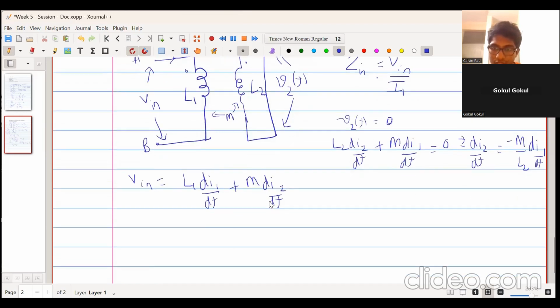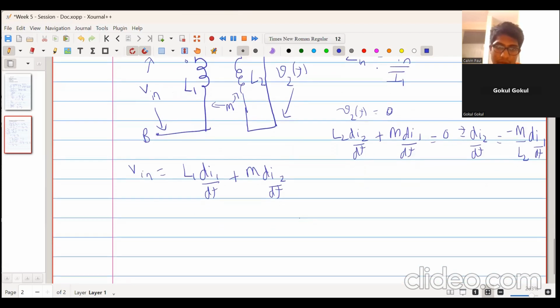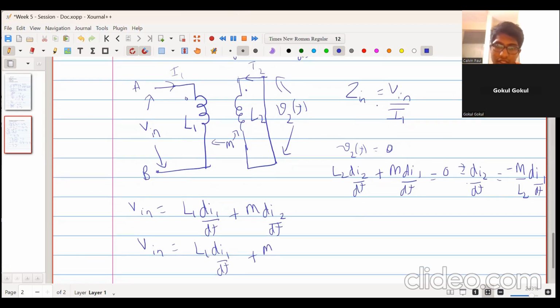So we get it to be of this form. V1 is equal to L1 di1/dt plus M into di2/dt, which we found out from here will be equal to minus M/L2 into di1/dt. So that will be equal to di1/dt into (L1 minus M squared upon L2).